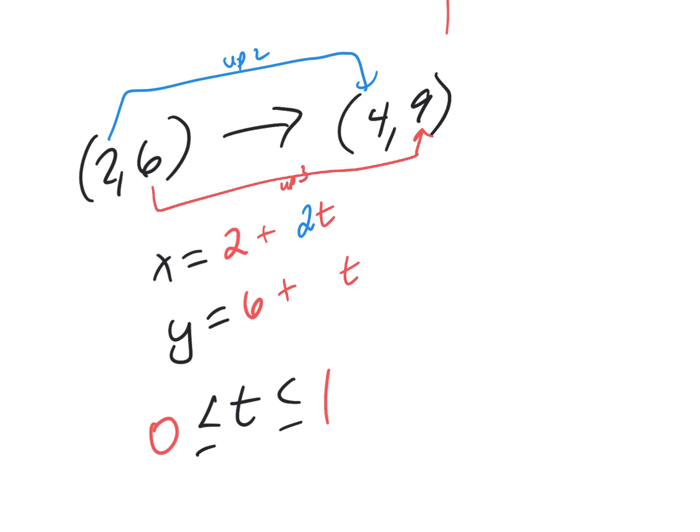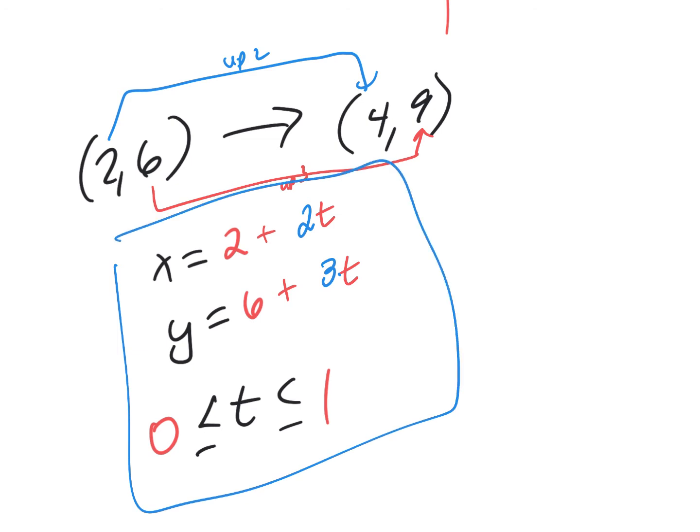So then this is a 3 right here. That system would go from 2 comma 6 to 4 comma 9. Prove it to yourself by making a TXY chart.